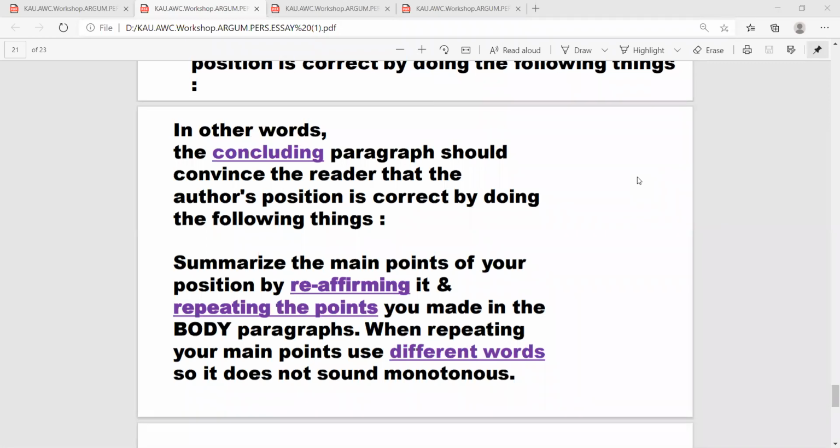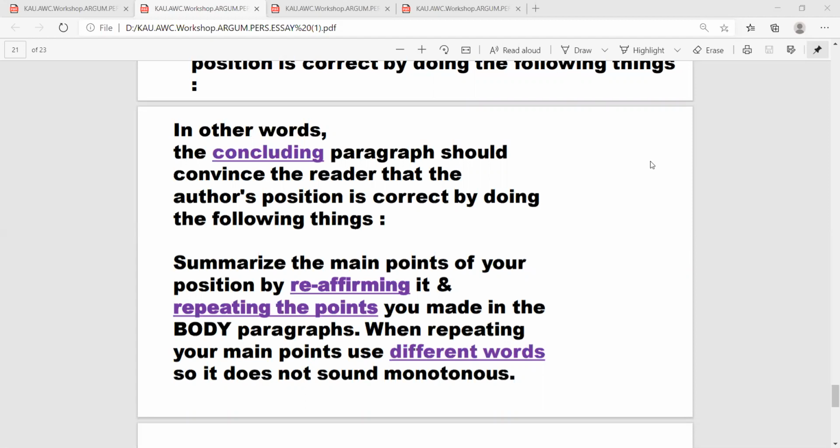So not just the body paragraphs. But when you're repeating these points and sentences, make sure you use different words so it doesn't sound monotonous. It doesn't sound boring. Of course, the idea is going to be the same, but you're using different words, so you're camouflaging or hiding exactly the same words you've used before.